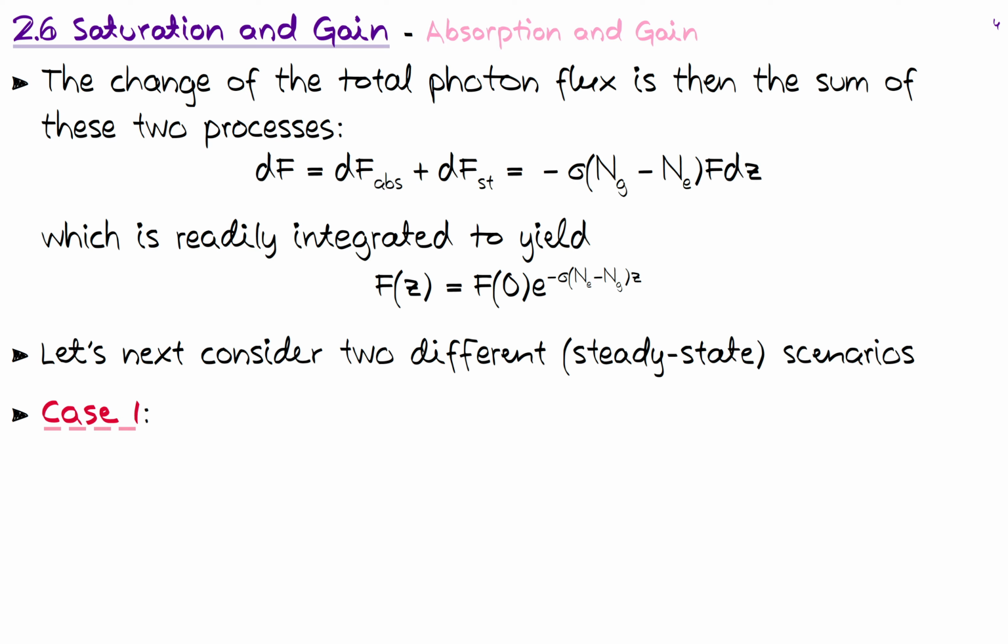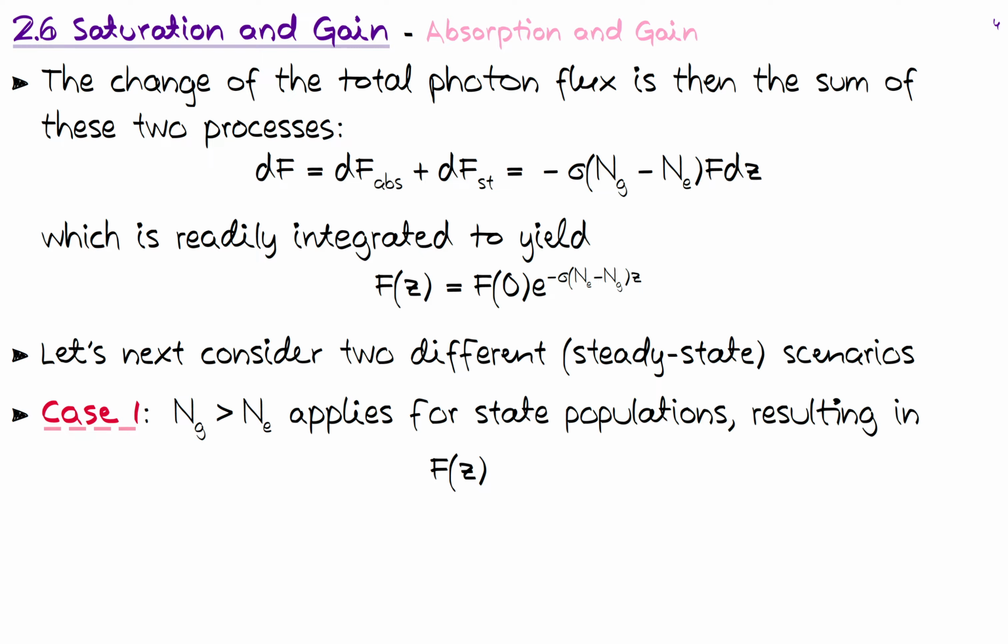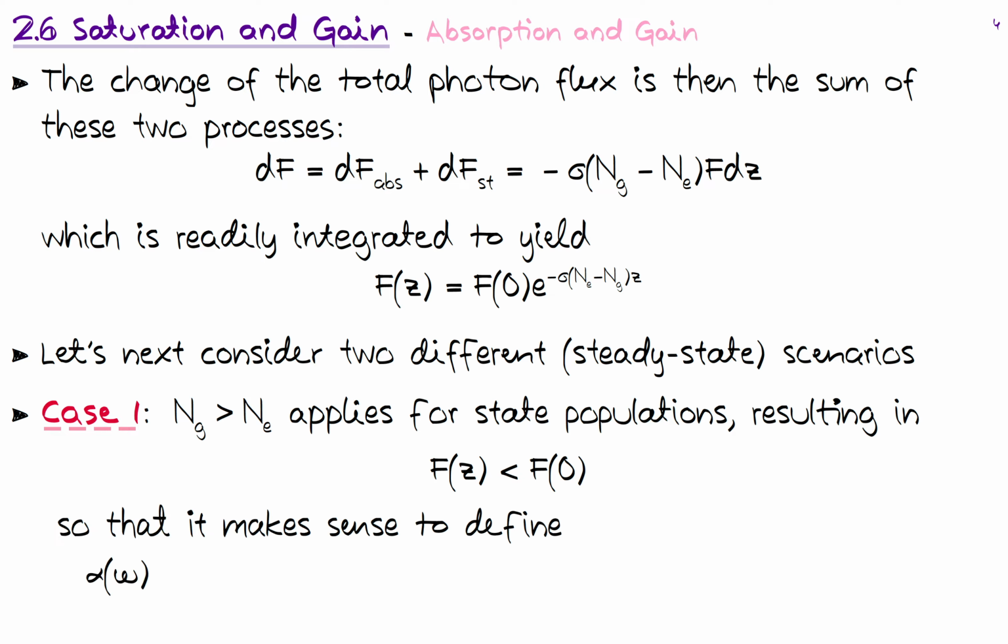In the first case, we have a larger population in the ground state than in the excited state. Then the photon flux decreases as the beam propagates further into the material. So it makes sense to define an absorption coefficient, alpha.